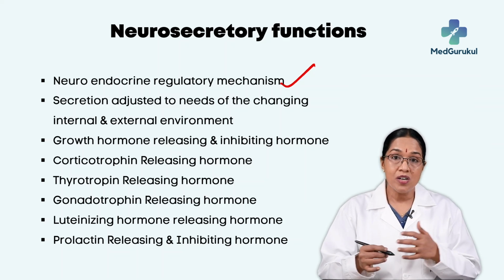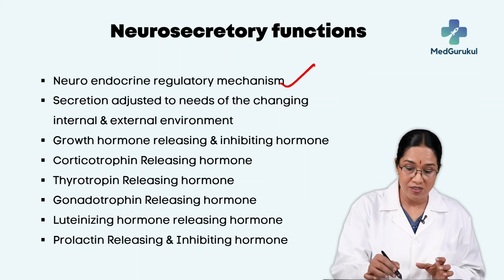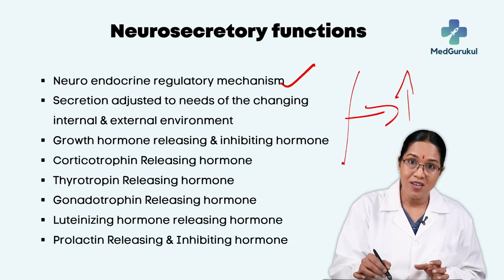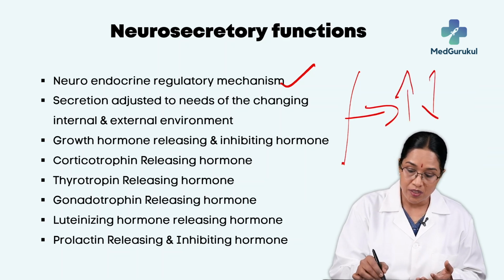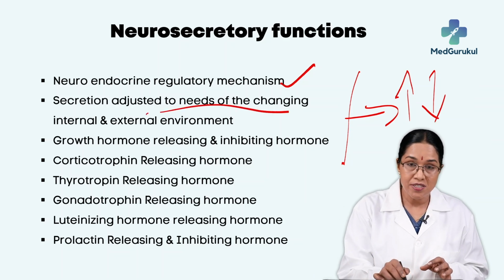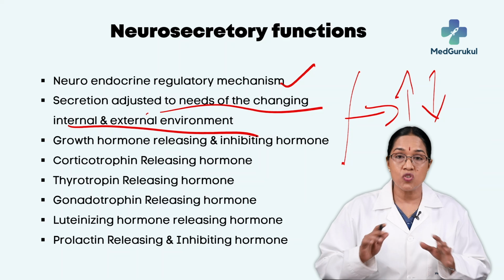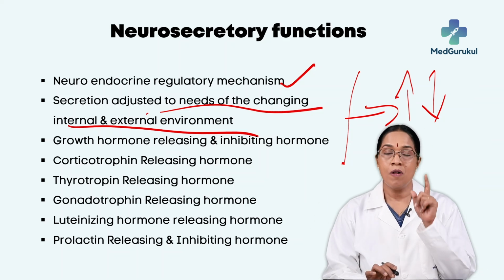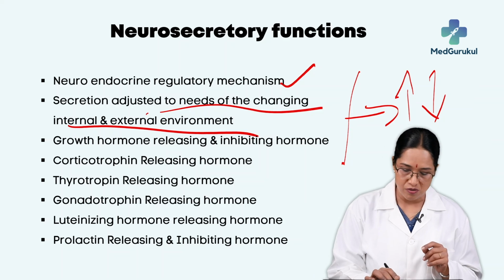Whether they are going to be secreted in more amount or less amount is going to be adjusted to the needs of the challenges from your internal and external environment. So, that is about the neurosecretory functions of the hypothalamus.